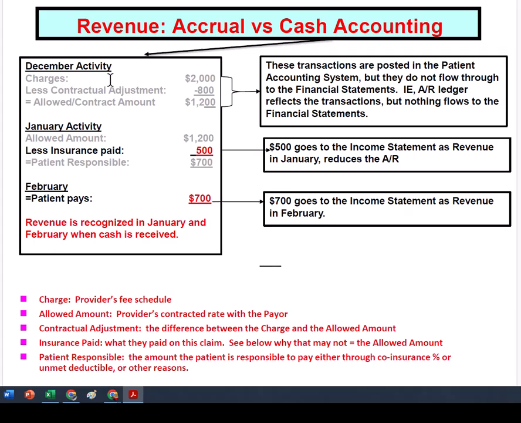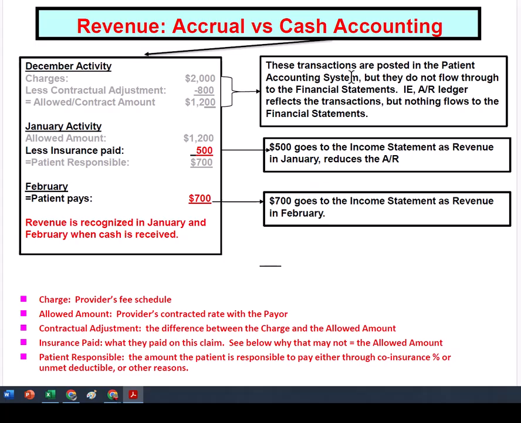So we have December activity, which is when this MRI was done. Under cash accounting, these transactions in December go to the patient accounting system, but they don't flow through to the financial statements, to the income statement and the balance sheet in the month of December, because we're just cash basis.